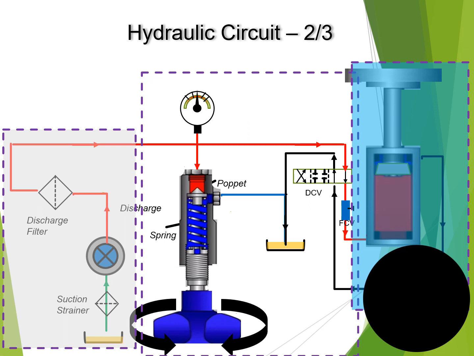Then we have the flow control valve. So in controlling we have three valves. One is controlling the pressure, another is controlling the direction, and third is controlling the flow. So this is the second part of the circuit.